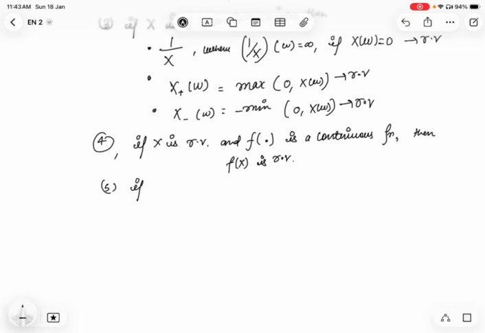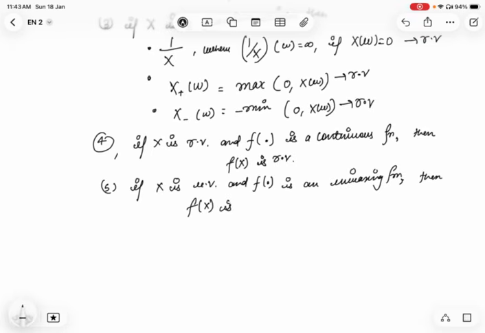And if X is a random variable and f is an increasing function, then f(X) is also a random variable. We will see some examples in the upcoming lectures.